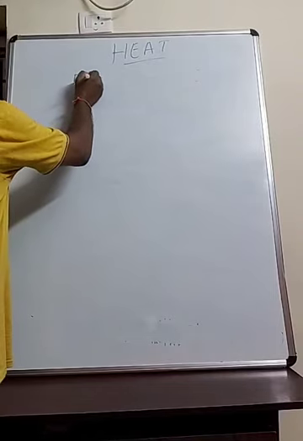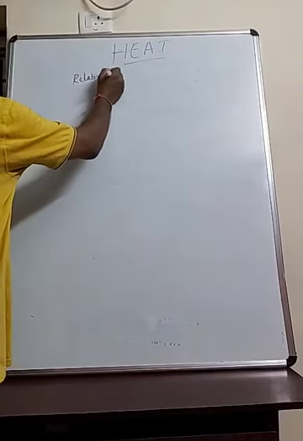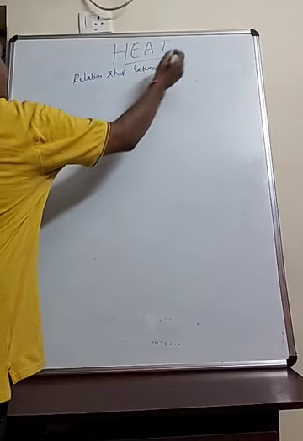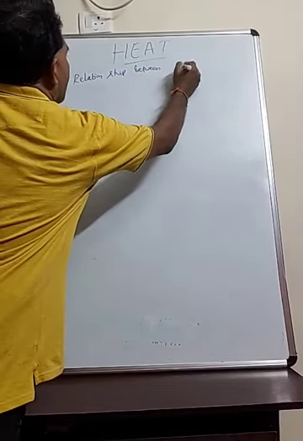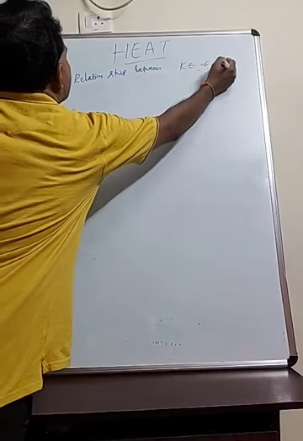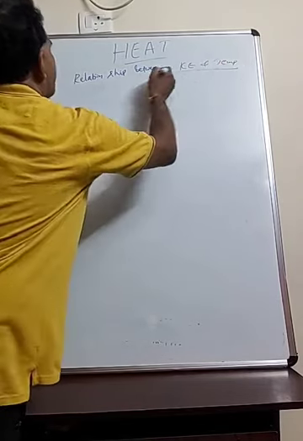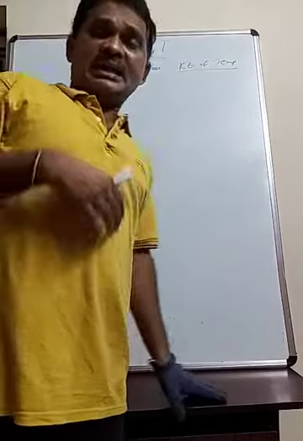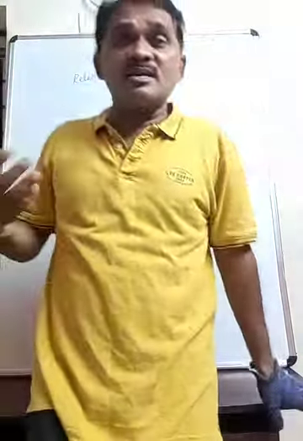Relationship between kinetic energy and temperature. Before going to this relationship, we will discuss what kinetic energy is, the things we have to understand before. So what is kinetic energy?